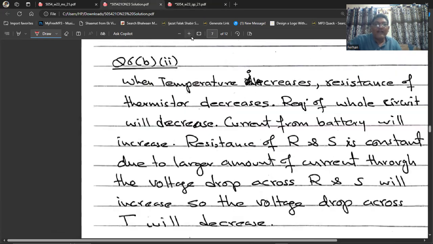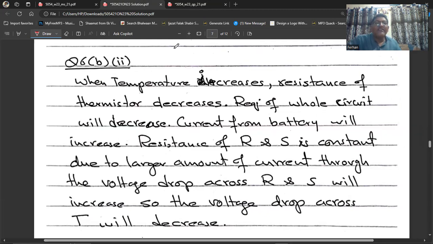So here we have my written answer. When the temperature increases, the resistance of the thermistor decreases. R equivalent of the whole circuit will decrease. Current from the battery will increase. Resistance of R and S is constant, so due to the larger current through them, the voltage drop across R and S will increase.